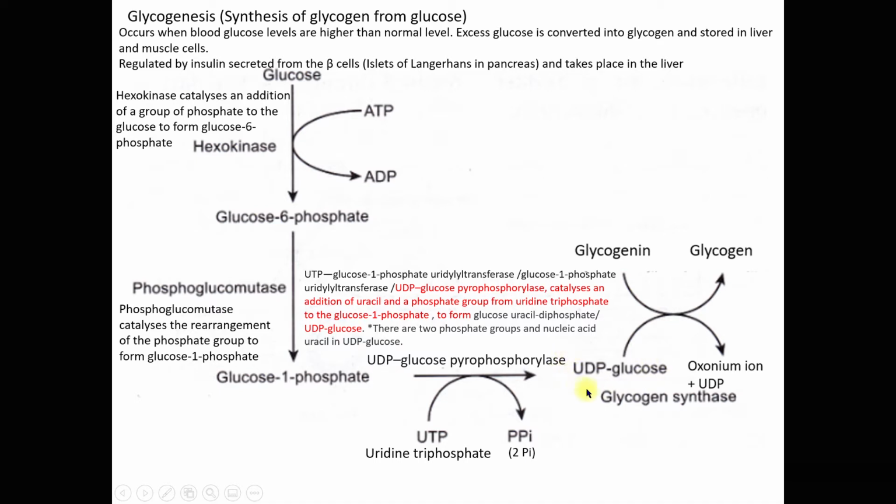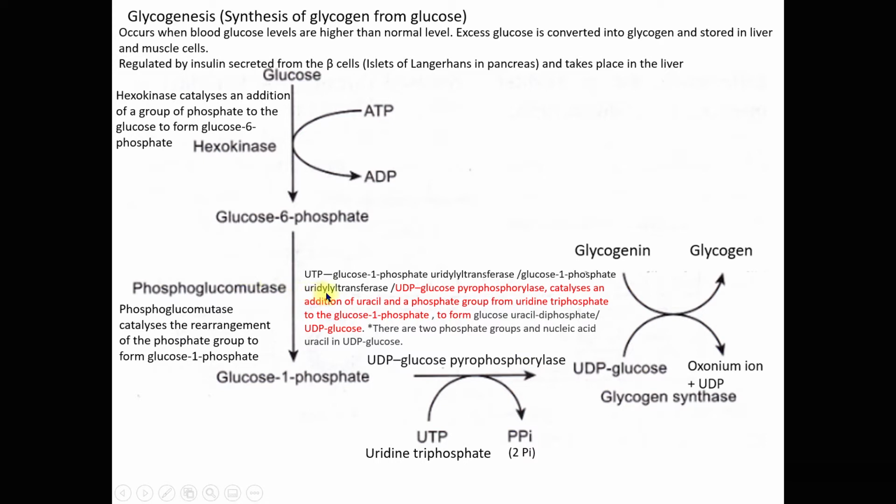Now this UDP glucose stands for glucose uracil diphosphate. And another name for this UDP glucose phosphorylase enzyme is UTP glucose 1-phosphate uridylyltransferase.